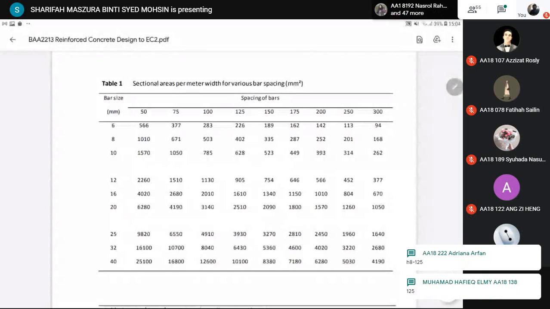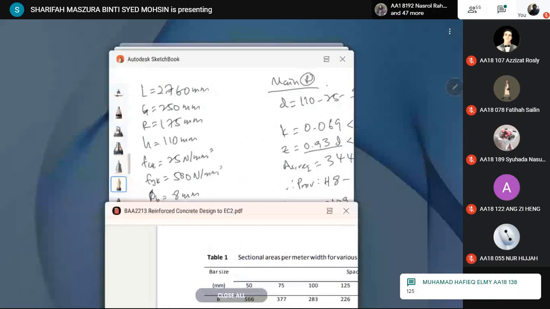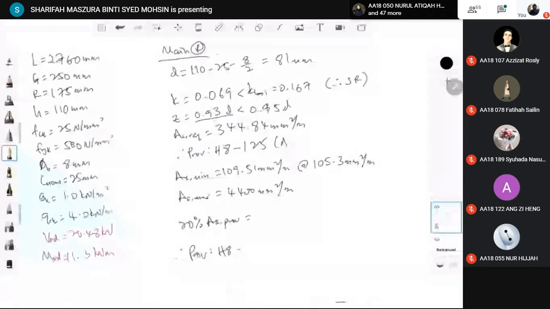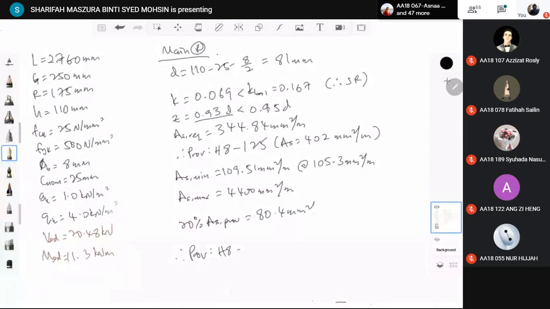H8 125, area provided 402. For the secondary bar, 20% from As provided, 0.2 times 402 is 80.4.